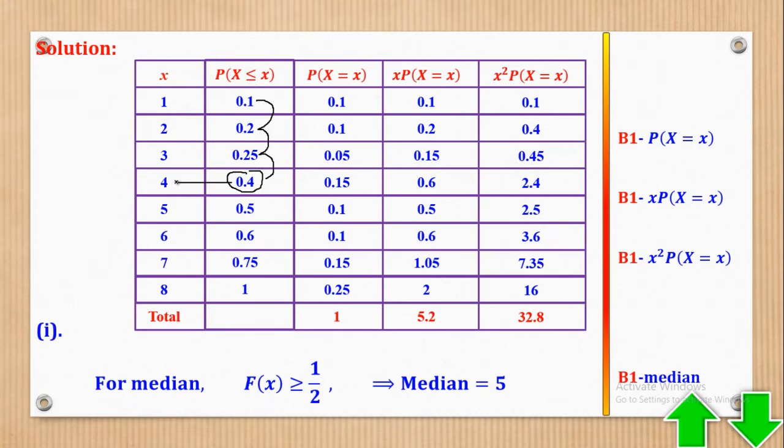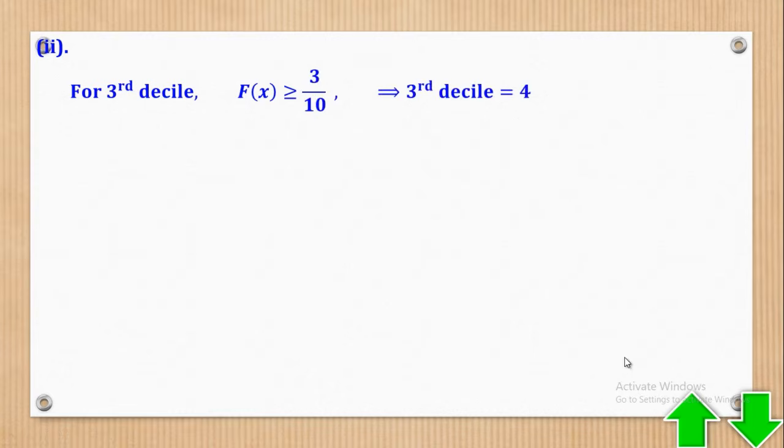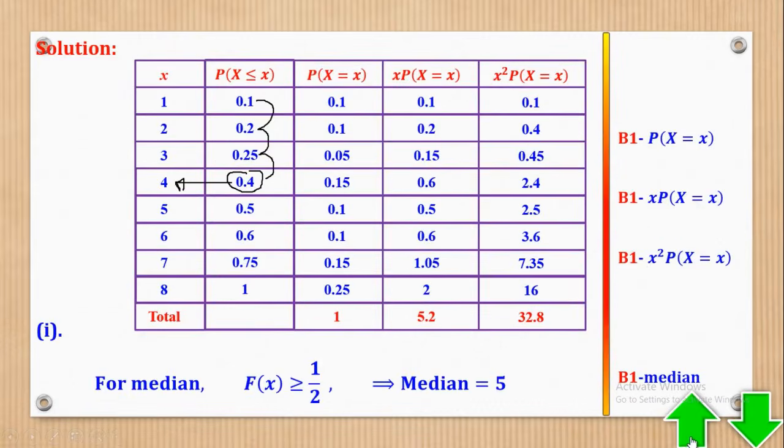Therefore the corresponding value of x is what becomes our third decile. So we shall come here and state that the third decile is equal to 4. So that was Roman 2.